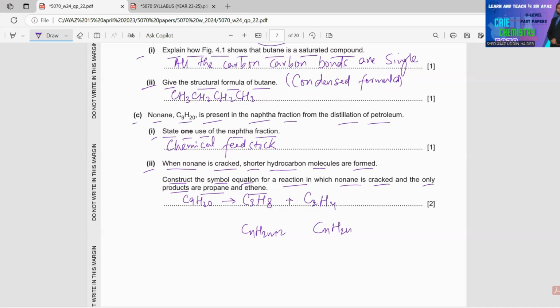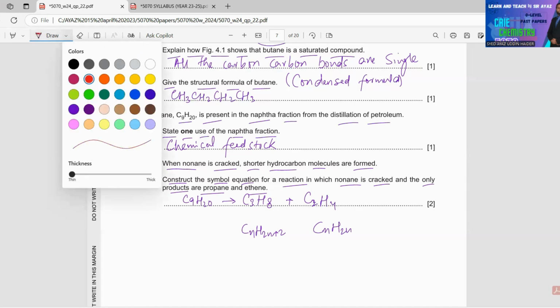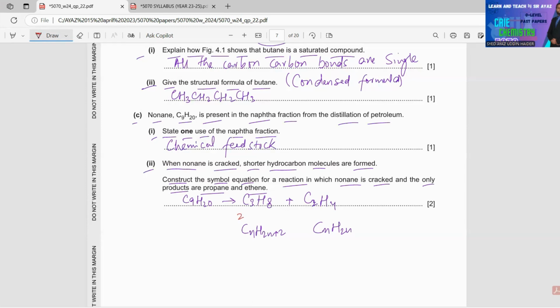Now this reaction is not balanced. So what if I place 2 before propane? 2 multiplied by 3 is 6, 6 plus 2 is 8. This is incorrect.